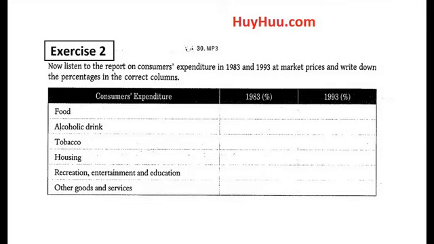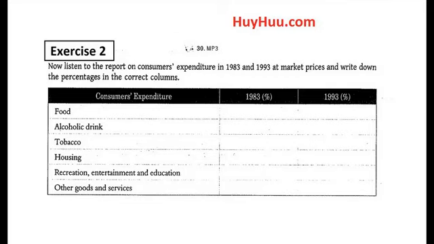The percentage of household expenditure on food decreased slightly from 15.1% in 1983 to 11.4% in 1993. Alcoholic drink was 7.1% in 1983, but fell to 6% in 1993. And tobacco was 3.3% in 1983, but only 2.7% in 1993.